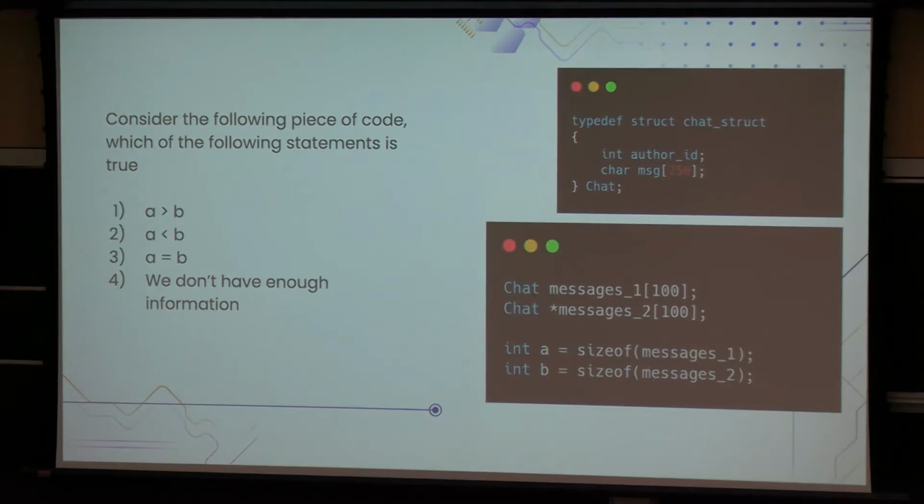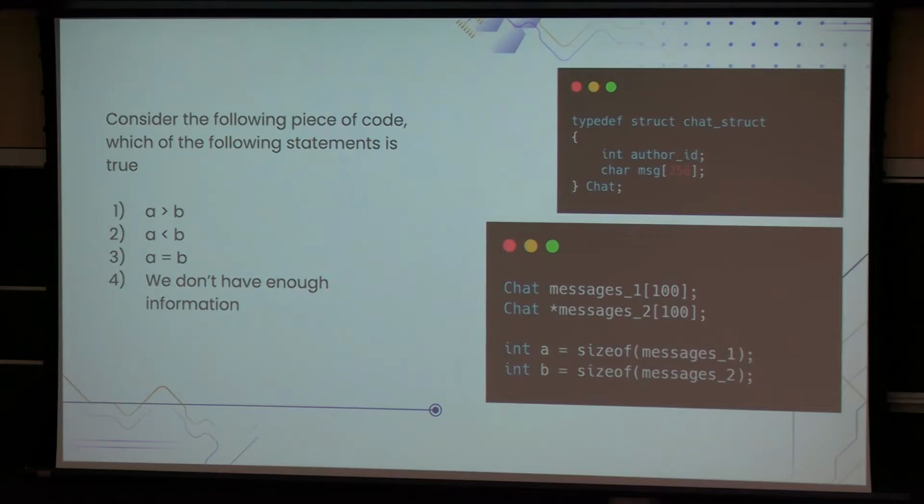Okay. And raise your hand if you don't think we have enough info. Okay, so it's mixed, a little bit unsure. Does anyone want to explain why they think A is less than B? Yeah? Sure, then you can explain why.